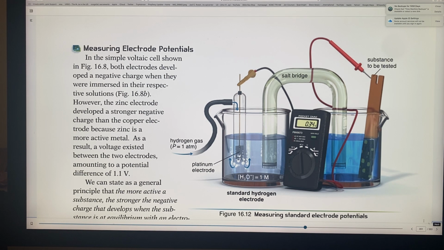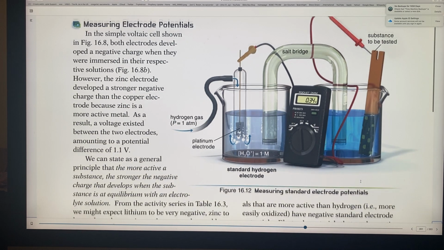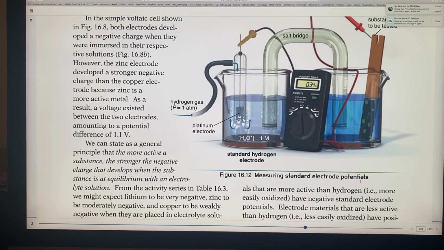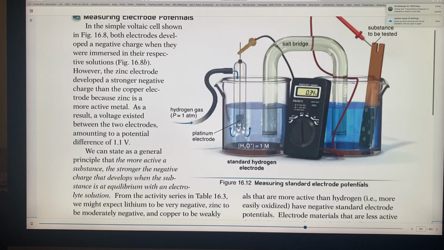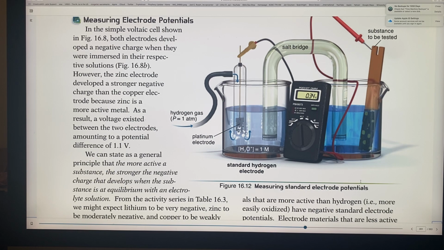So we can state in general that the more active the substance, the stronger the negative charge that develops when the substance is at equilibrium with an electrolyte solution. And so that's when they set up, okay, we need to have some kind of activity table of measuring this.